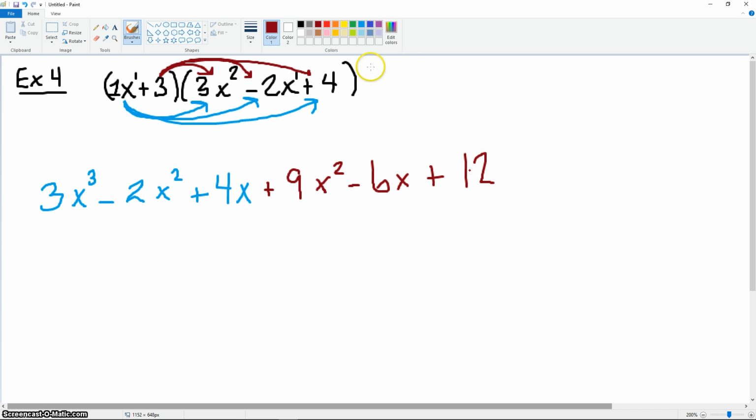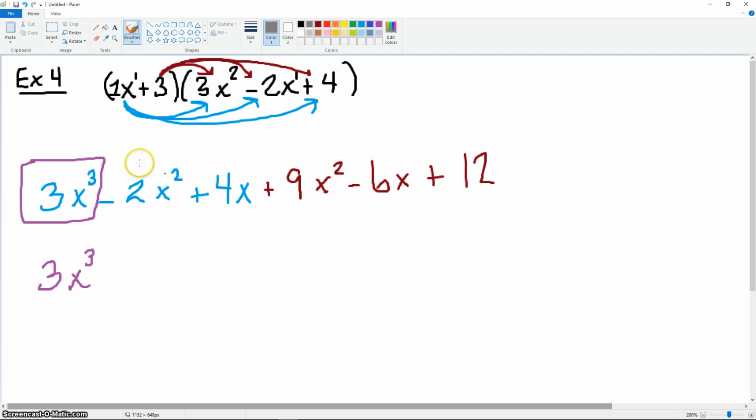And then from there, you must remember your adding and subtracting rules for polynomials. So let's start off with the highest exponent that I see, which is cubic, or to the third power. Is there anything else? Nope. So we are just going to write it down again.